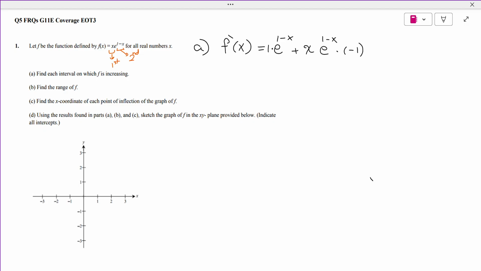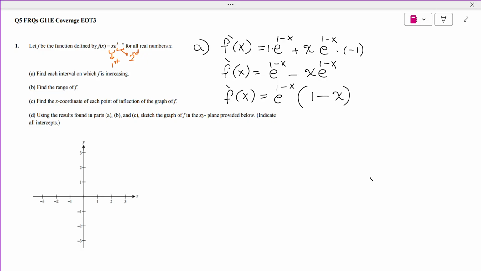Let's rearrange it. So f prime of x equals e to the power of 1 minus x minus x e to the power of 1 minus x. And as you can see, there is e to the power of 1 minus x in common, so we can factor it out. This is e to the power of 1 minus x times 1 minus x.